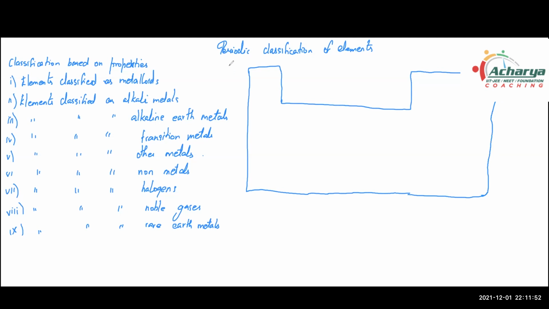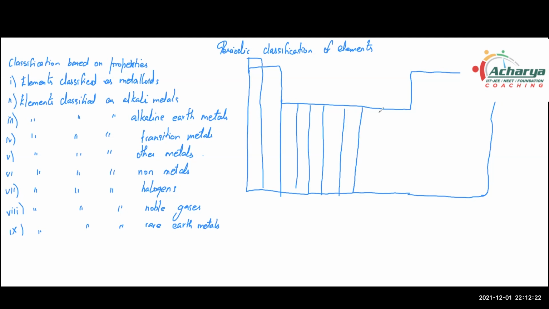Here there will be hydrogen, and here there is going to be helium, and there are going to be 2 rows over here, and then 10 columns.